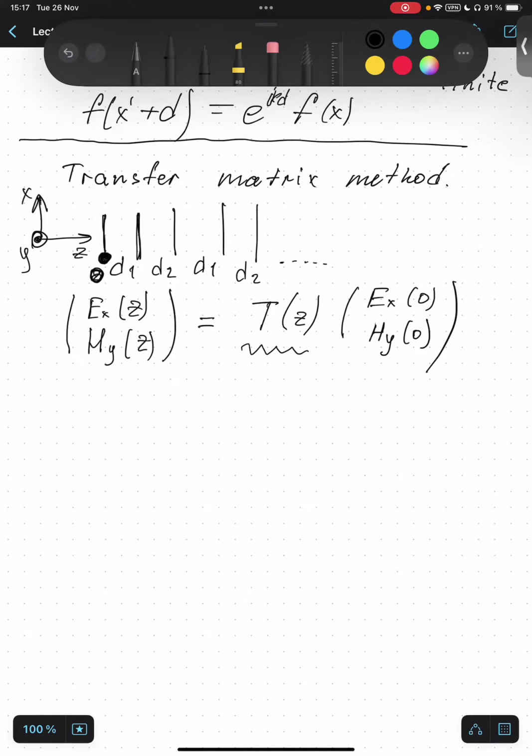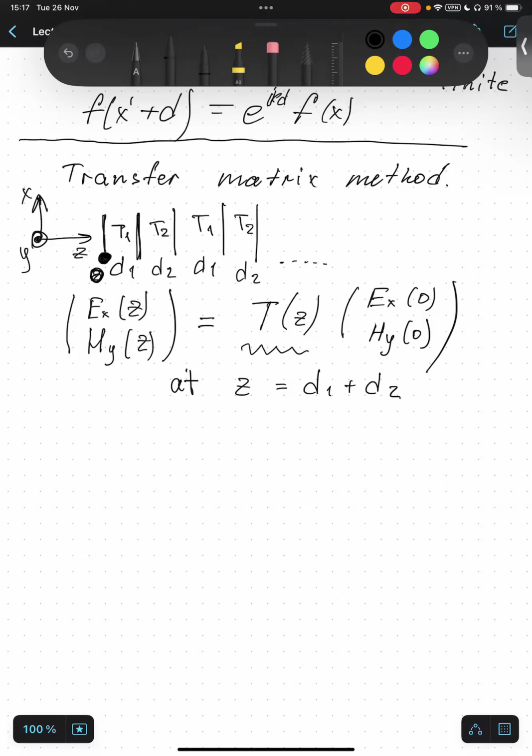For example, we will consider z equal to d1 plus d2. For the first layer, d1, there will be the matrix t1, for the second t2, and so on.